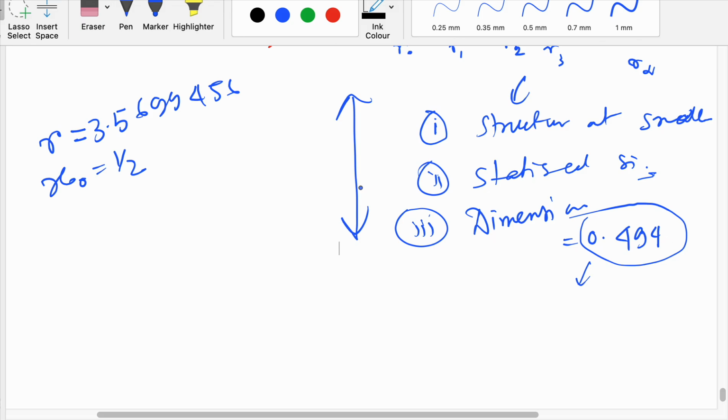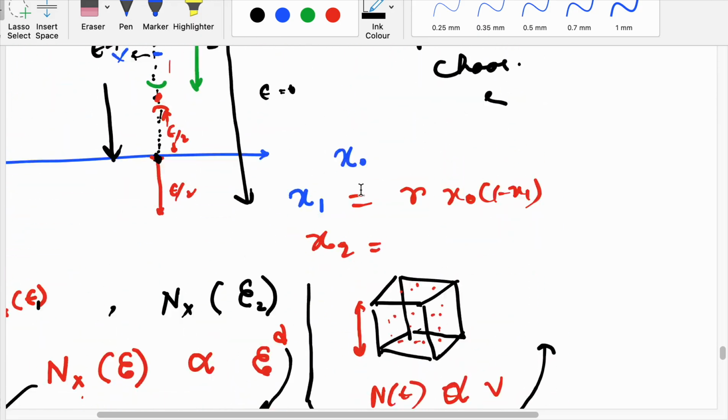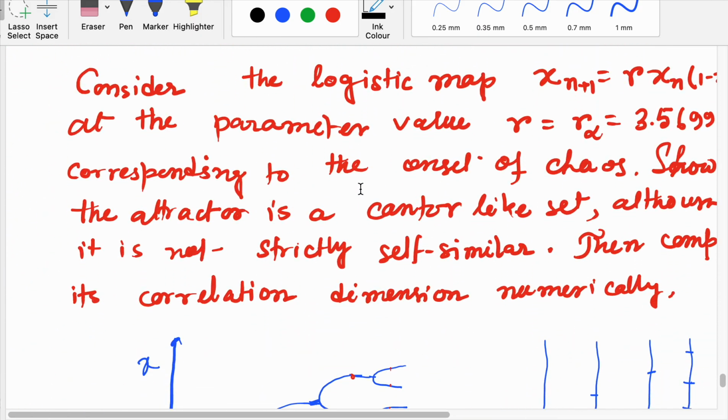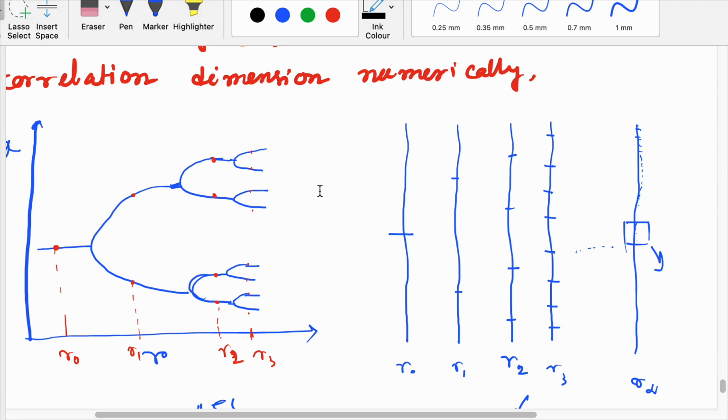So now we know where this chaotic orbit settles down. The chaotic orbit settles down to a very complicated looking structure.